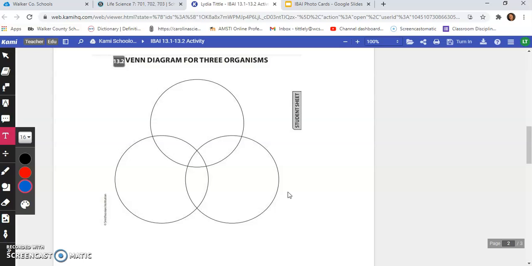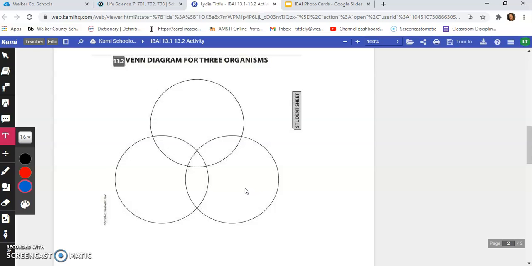Okay, so if I chose those 3 organisms, then in the parts of the circle that do not overlap, I would give at least 2 characteristics they have that are different. And I would do that for each one of these circle parts that do not overlap. At least 2 things that are different about each one from the rest.